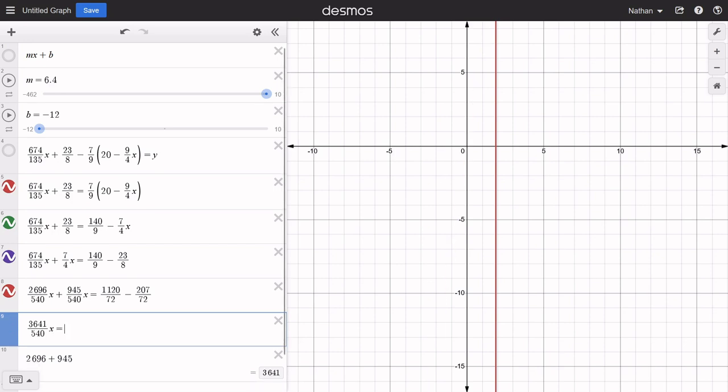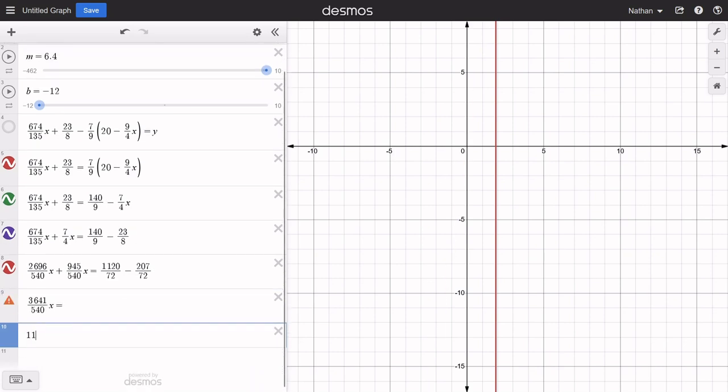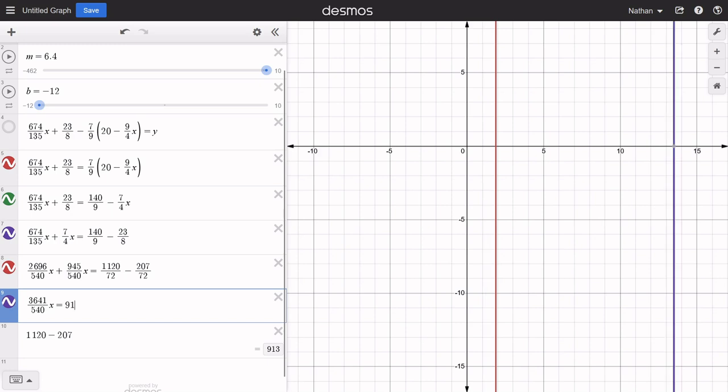Gonna have x equals, and then here we have 1120 minus 207. And that's going to be 913 over 72. Again, same vertical line.